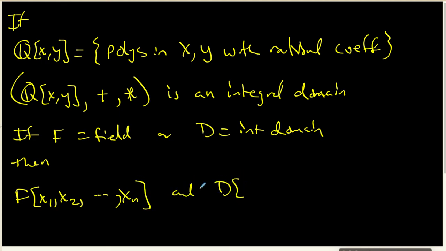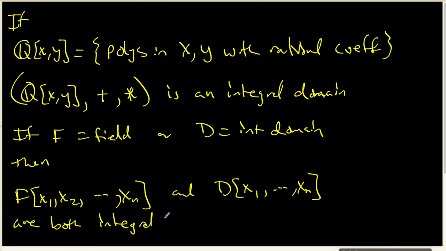So F[x_1 through x_n] and D[x_1 through x_n] are both integral domains. And none of these integral domains that we've looked at in this video happen to be fields, because they all have some element that does not have a multiplicative inverse. And we'll look at that in later videos at some point.